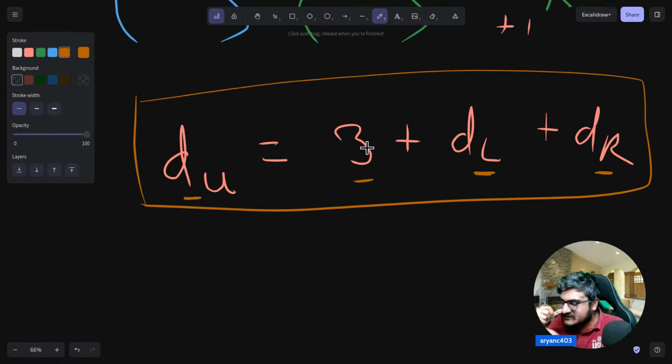After some time you come to the same node again. And after that you go to the parent of U. So 3 steps: once to go to L, once to go to R, then go to the parent, plus the time it takes to come back from L to U and from R to U. Any questions, anyone, on this idea?